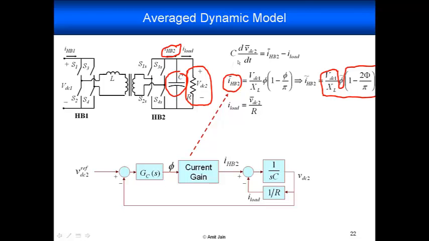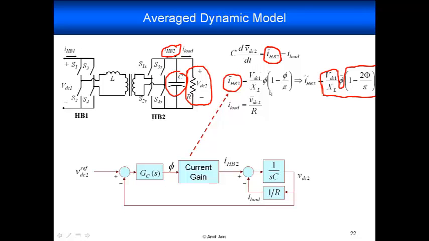The capacitor voltage dynamics are then given by this equation. It's quite straightforward, following from the circuit here. The important thing is the H bridge current output IHB2, and this is computed directly from the power transfer.